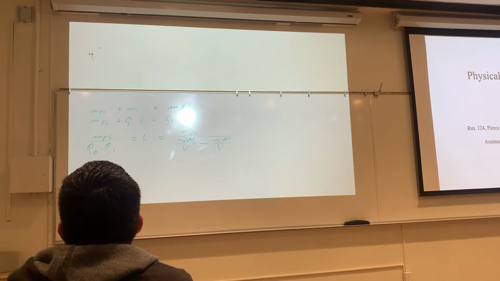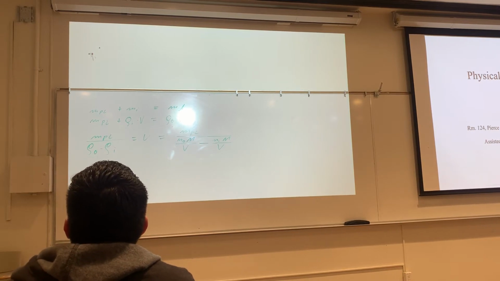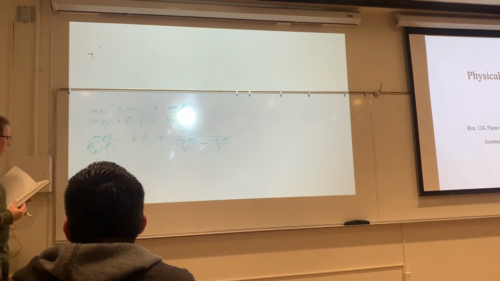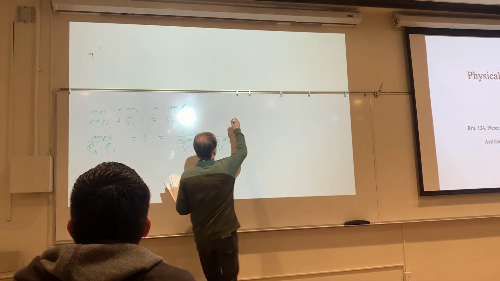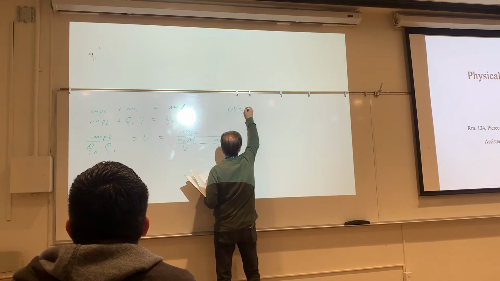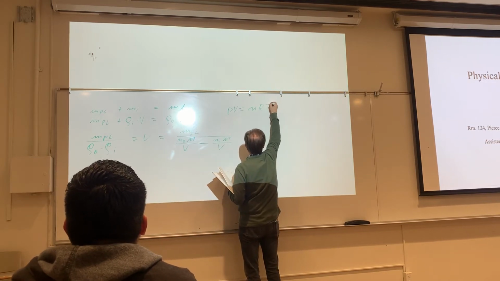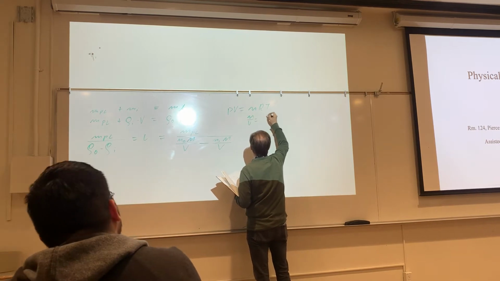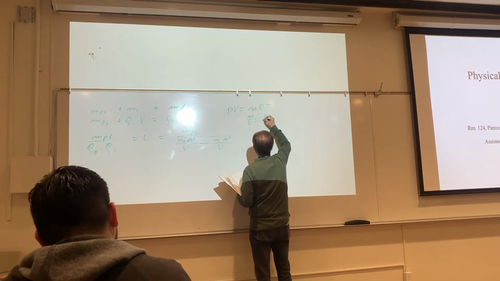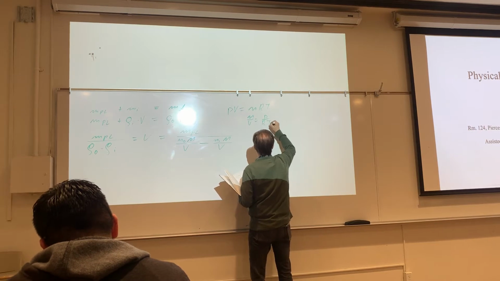We did that kind of in class already when we looked at the barometric formula. Okay, so again, same thing we did in the barometric formula, PV equals nRT. So I know n over V equals P over RT.